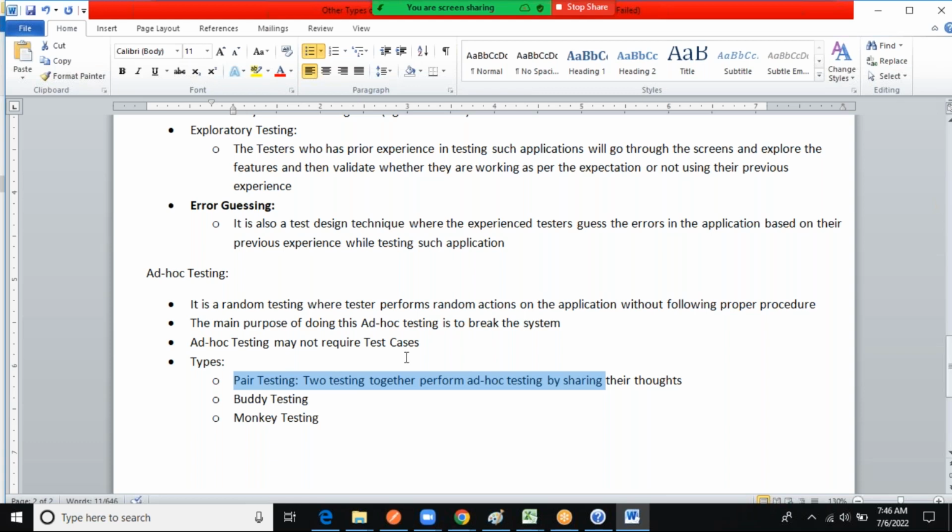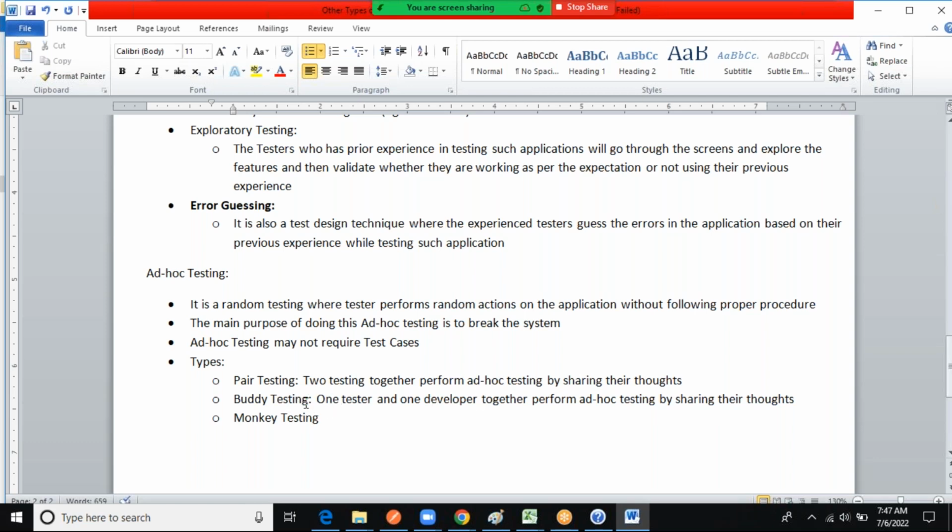Instead of a single tester working alone, they may ask them to pair up and do some random testing on the application. Another way, sometimes they may ask one tester and one developer together to perform ad hoc testing by sharing their thoughts. Why are they including developers in this case?